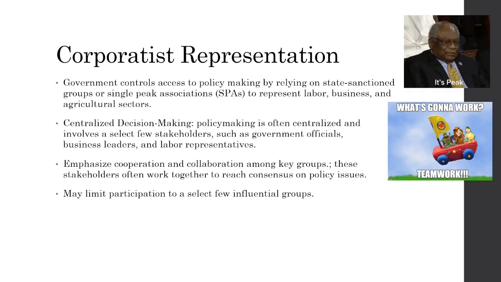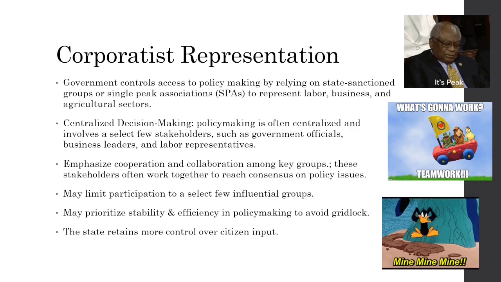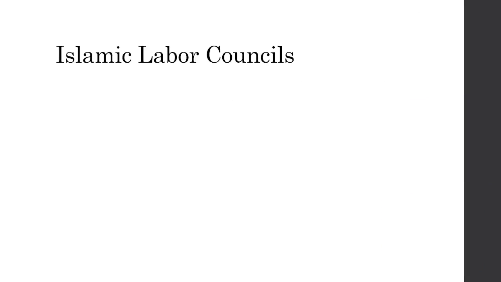It's not very broad or diverse. They may prioritize stability and efficiency in policymaking to avoid gridlock, so they may be very quick in their actions, and the state overall retains more control over actual citizen input.